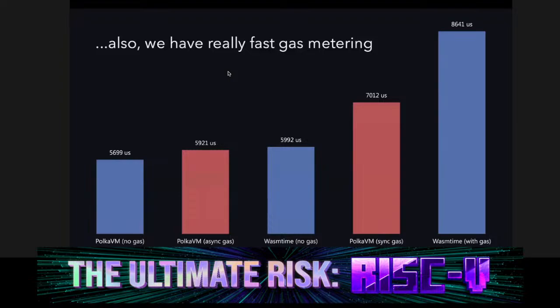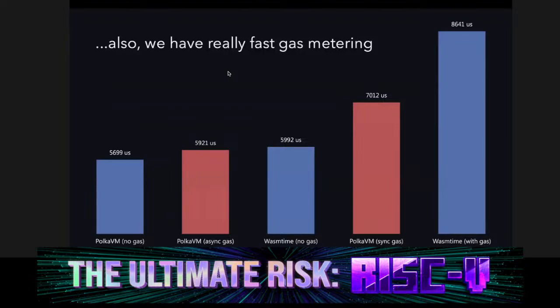The difference between them is quite simple. With synchronous gas metering, before you execute a piece of code, you consume the gas and check whether you are out of gas or not. If you are out of gas, you abort the execution. If you still have gas in the tank, you continue.